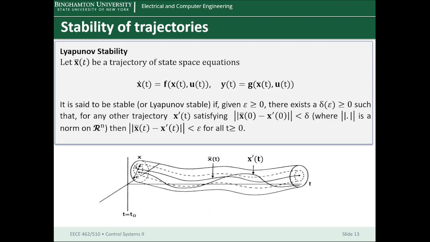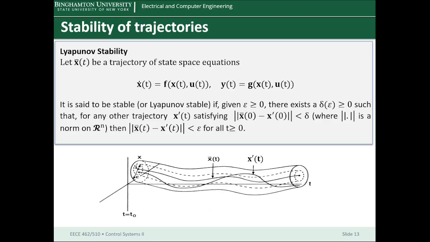If every trajectory that starts in a delta neighborhood of x bar stays within an epsilon neighborhood of x bar, then we call x bar a stable trajectory.